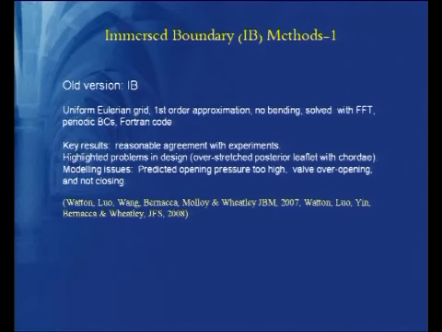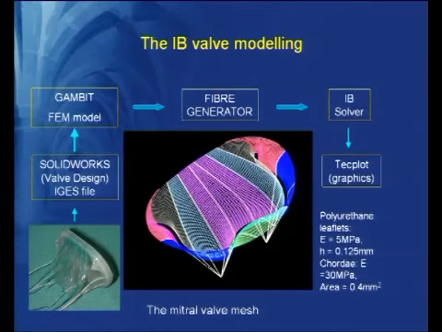If you give flow rate, the predicted opening pressure is always much higher than in the experiments, and the valve over-opens and doesn't close at all. So we want to know whether we can improve that, and which other effects will help the valve to close.